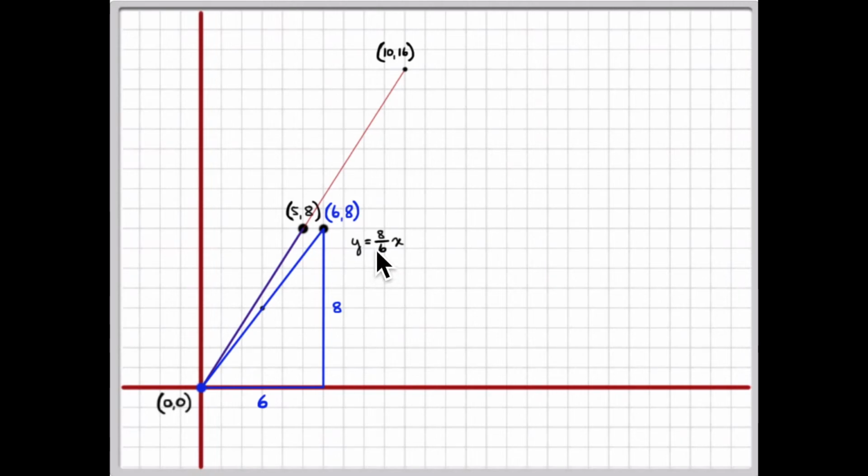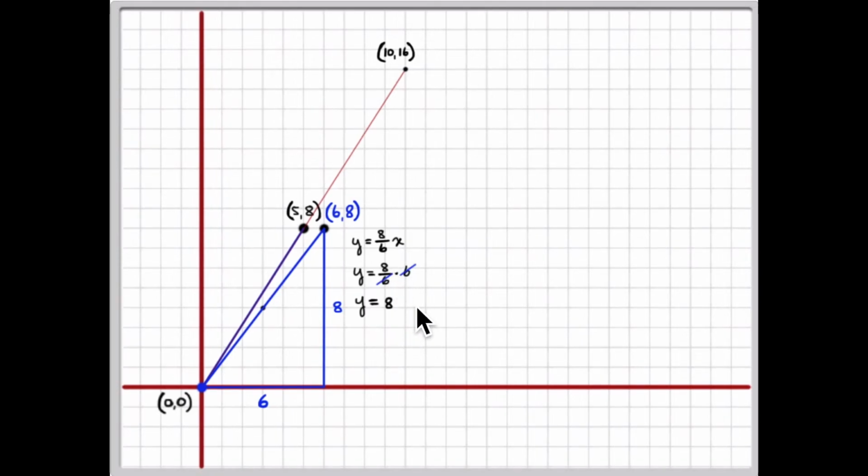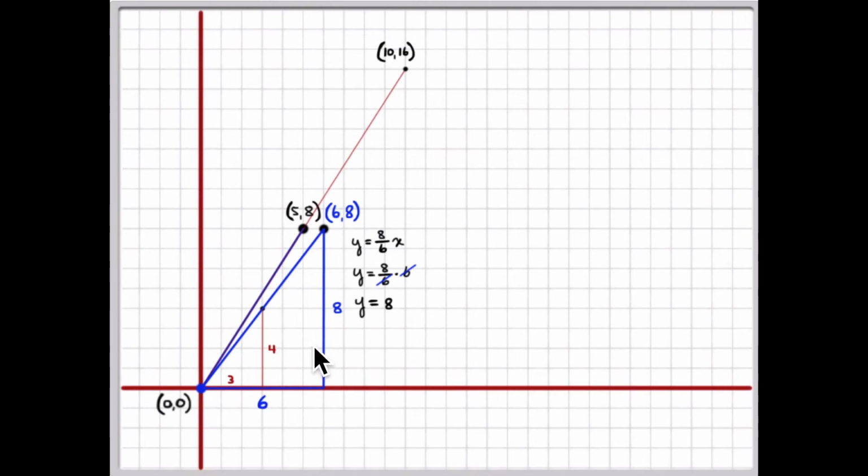So y is equal to 8/6 as long as any value for x. It's 8/6 the length of x. 8/6 of 6 is equal to 8. And 4/3 of 6 is also equal to 8. It's just a simplified form of the same slope.